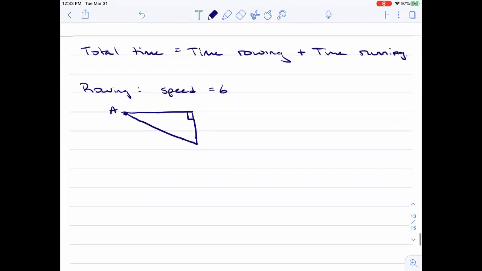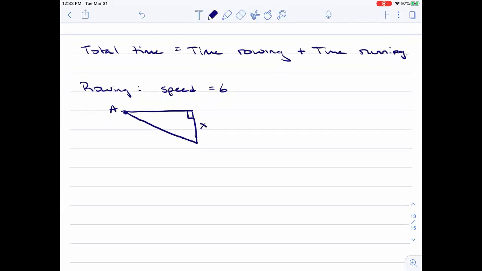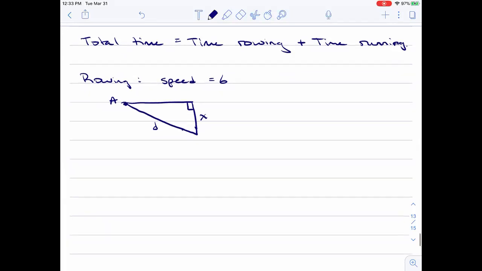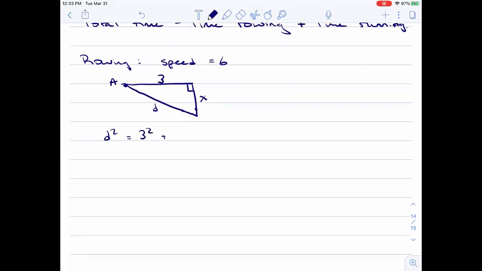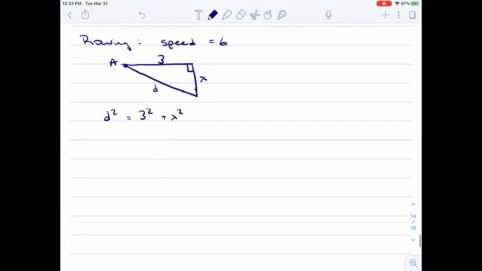Here I am at A. This distance is x. If I call this distance d, then I can just use the Pythagorean theorem because this I know is 3. And so I get d squared is 3 squared plus x squared. So d must be the square root of 9 plus x squared.